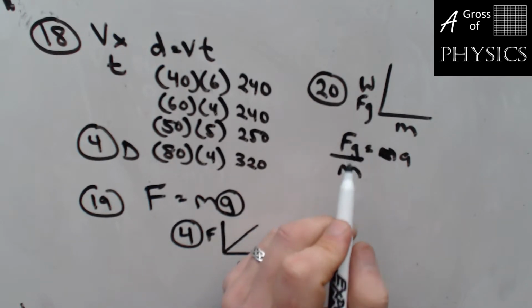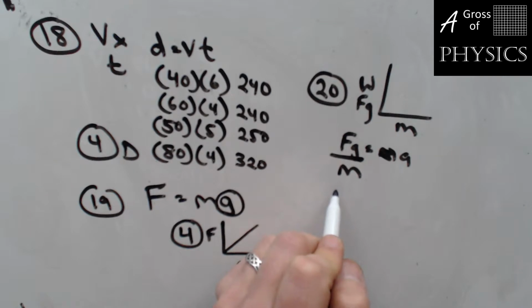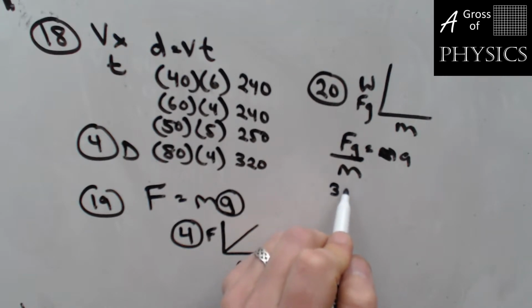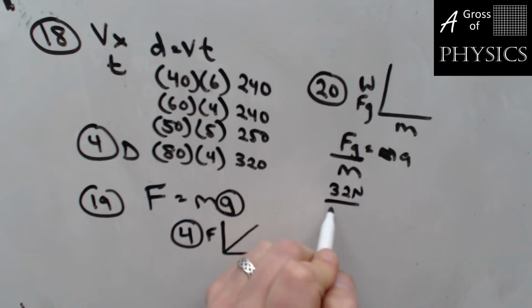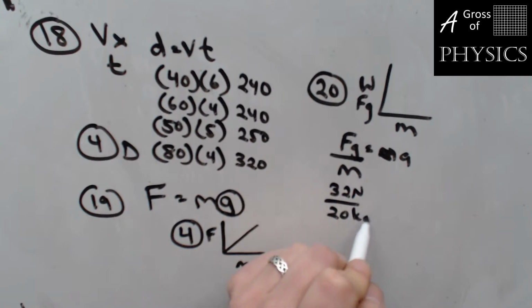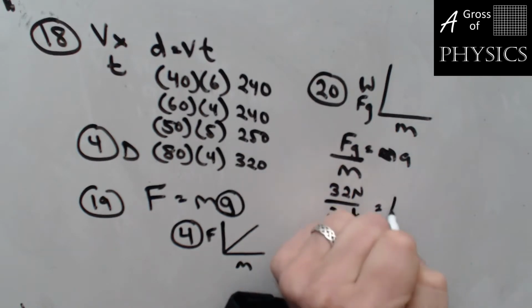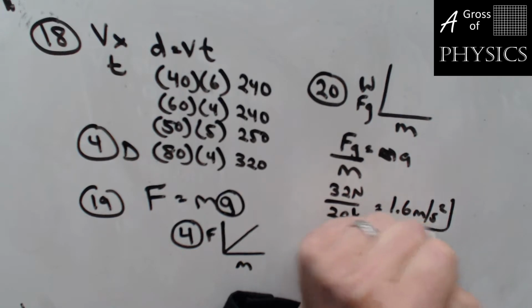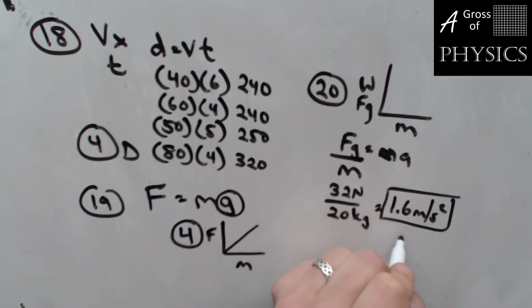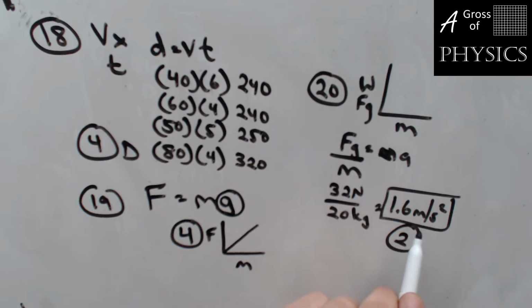Now what I can do is take the endpoint, 32 over 20, since the origin is 0 and 0. 32 divided by 20, I get 1.6 meters per second squared. And that is the acceleration of gravity, 1.63, of the moon. So maybe we just knew what the acceleration of gravity on the moon was and skipped the work. But it's good to verify because I know that it's 1.63.